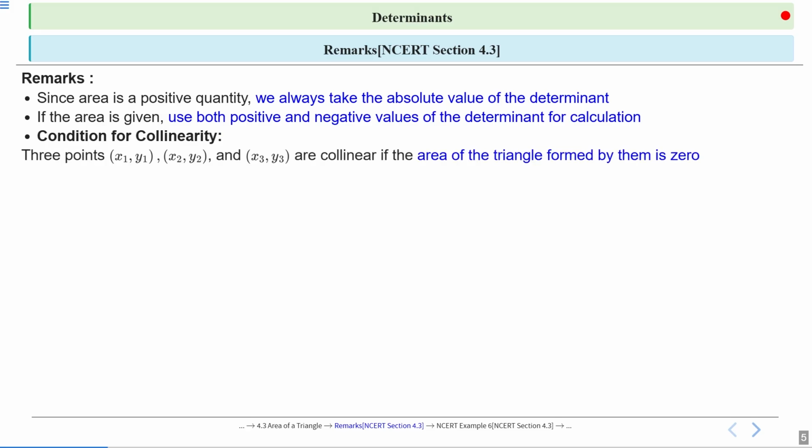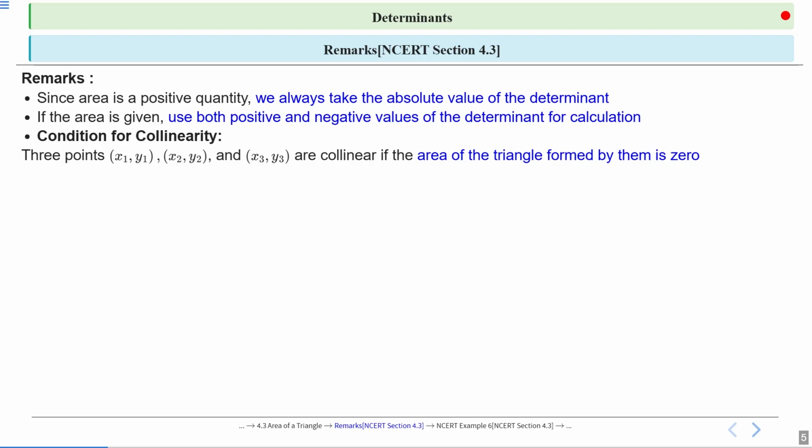Now let us see when points are collinear. Collinear means all the points lie on the same line. So 3 points x1 y1, x2 y2 and x3 y3 are collinear, that means they lie on the same line, if the area of the triangle formed by them is 0.